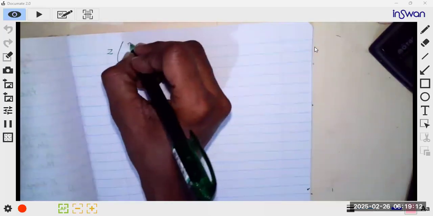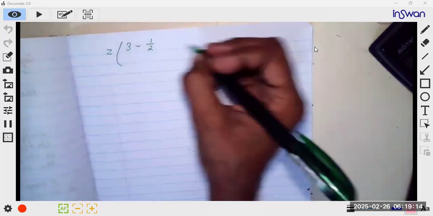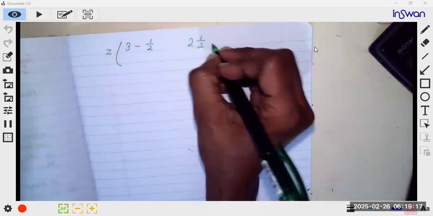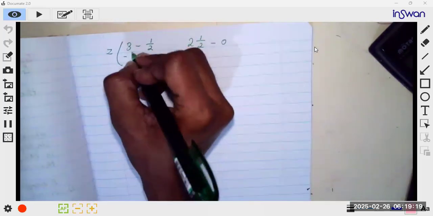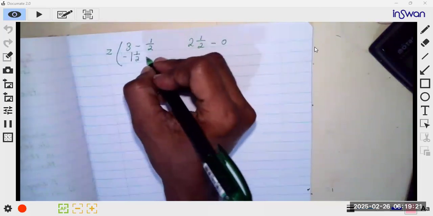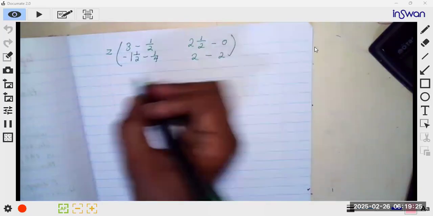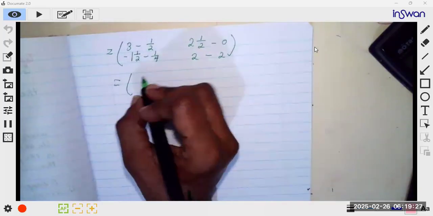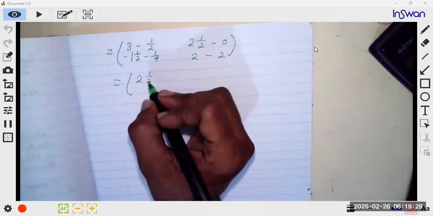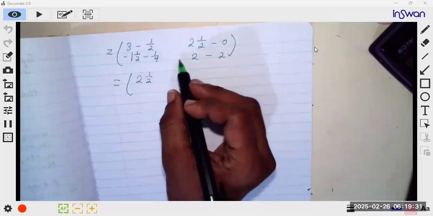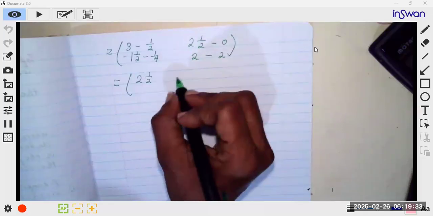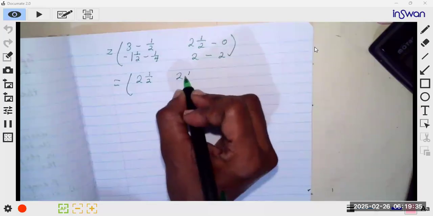So now we're going on to the final stage, which will be 3 take away a half, 2.5 take away 0, minus 1.5 minus a quarter, and 2 take away 2. So 3 take away a half will be 2.5. 2.5 take away 0 will be 2.5, obviously.